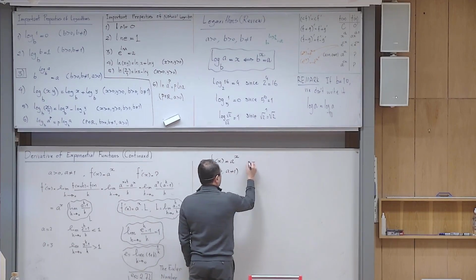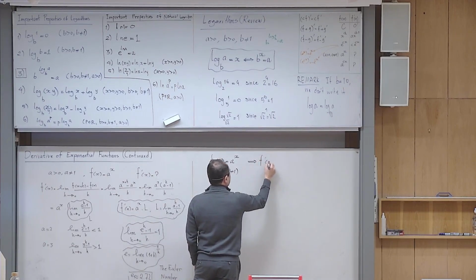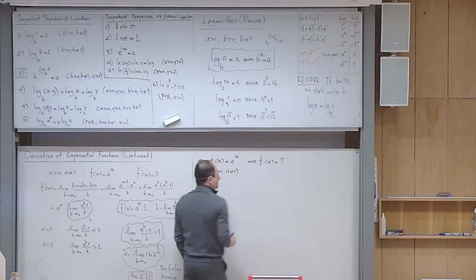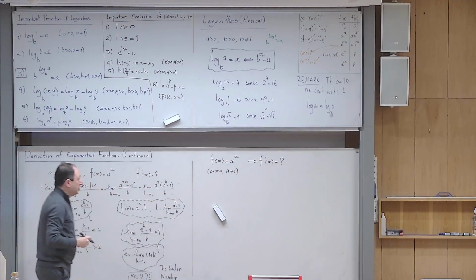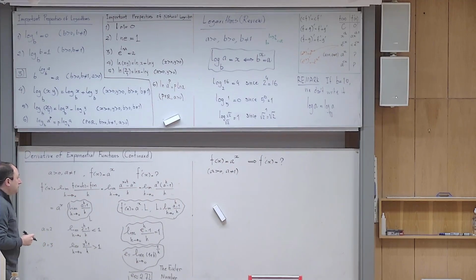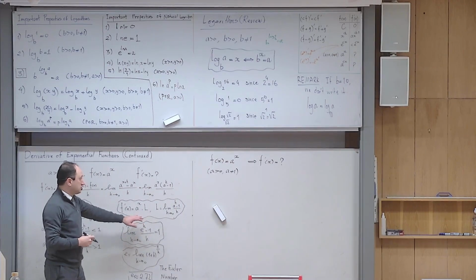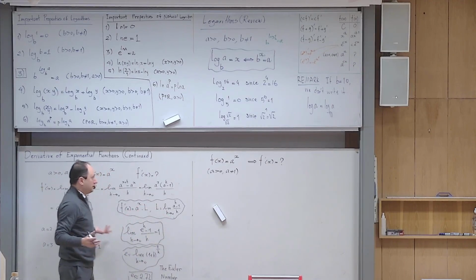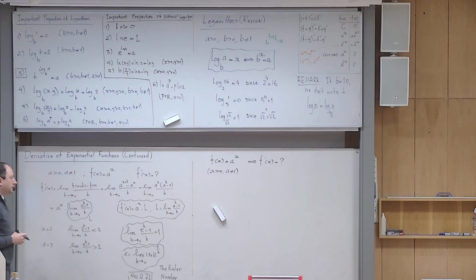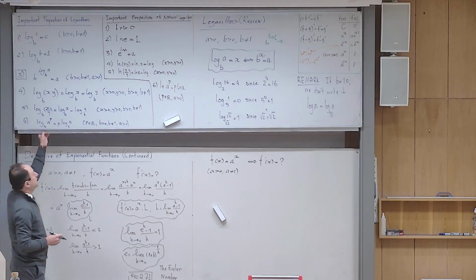My question is: what is f prime of x? You want to answer this question. And I completely ignore now what I described here. We will still not be able to calculate the limit here. But we can use the information that I provided here to finally answer this question. And you will see how. This formula plays the vital role.